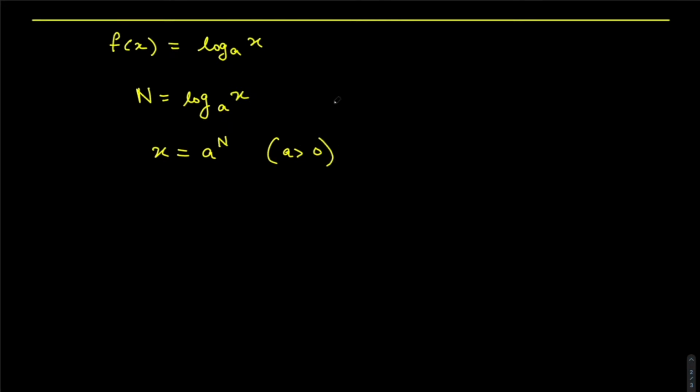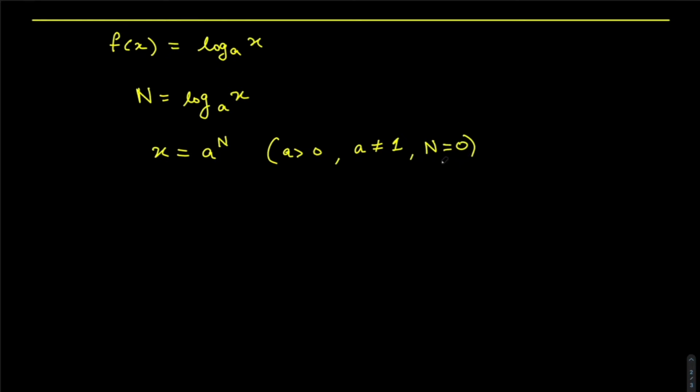Let me make another assumption here: a does not equal 1, because remember what I told you, 1 raised to the power of anything gives you 1, so we're going to avoid that. And we're going to take one more assumption, that n is greater than 0.